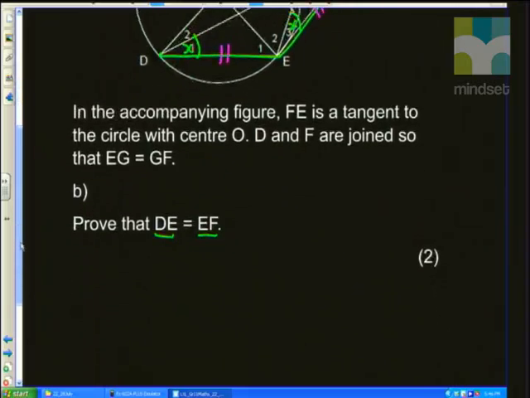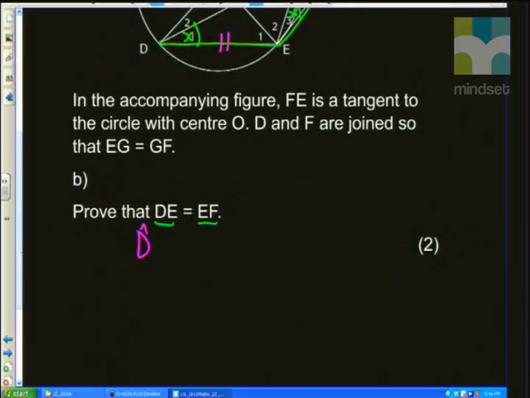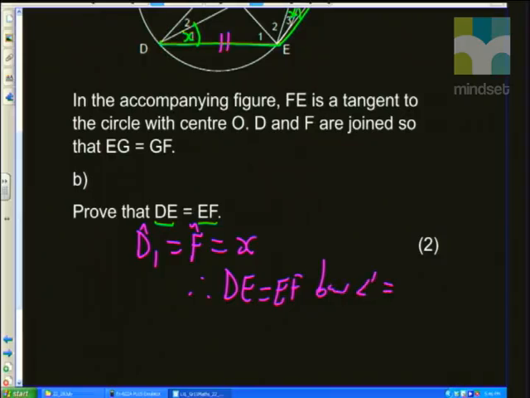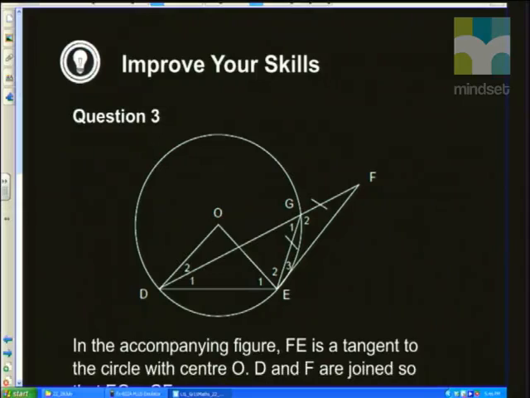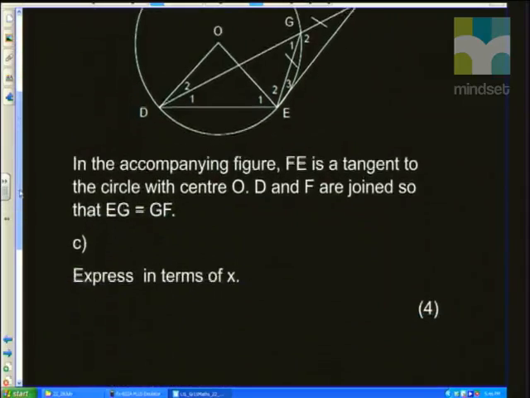The fact that D1 equals F, both equal X, as proven above, therefore DE will equal EF, because base angles are equal. So you've done that, 2 marks there.